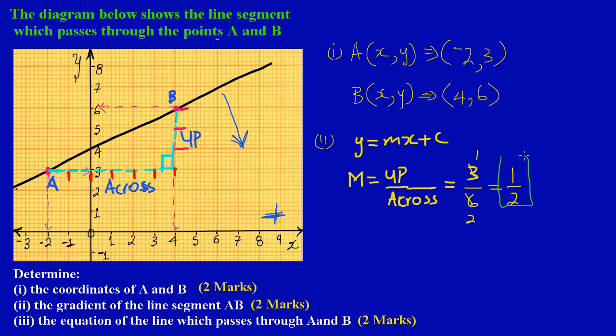For example, if the line was leaning in the other direction, falling down would be going toward the negative values on the x-axis, and the gradient would be negative. But since it is leaning in the positive direction, this direction, we have a positive gradient. Now in the next video we'll complete part 3.